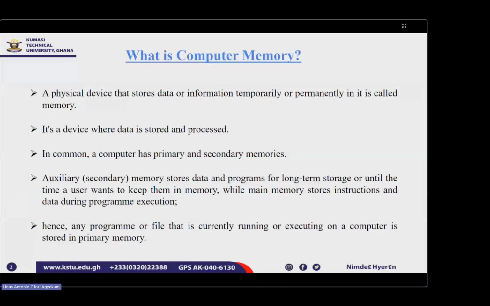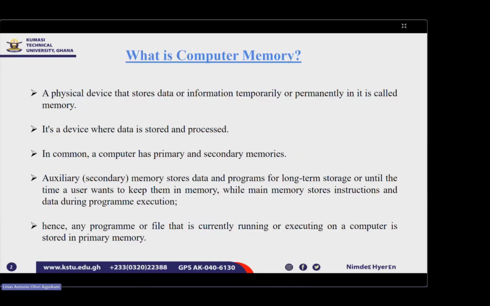So when we talk about computer memory, we can talk about primary and secondary memories in computer. Now, these secondary memory can also be termed as an auxiliary memory, which is used to store data and programs for long-term storage or until a time when one decides that they do not want to keep it any longer.